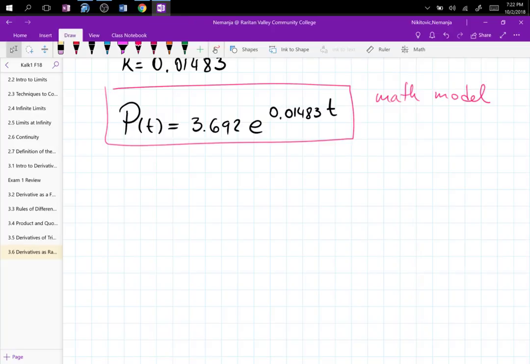You can either calculate how long would it take to get to, and you plug in 13 billion, or you say, what would be the population in 10 years? You plug in 10, population approximated in 25 years, 25.